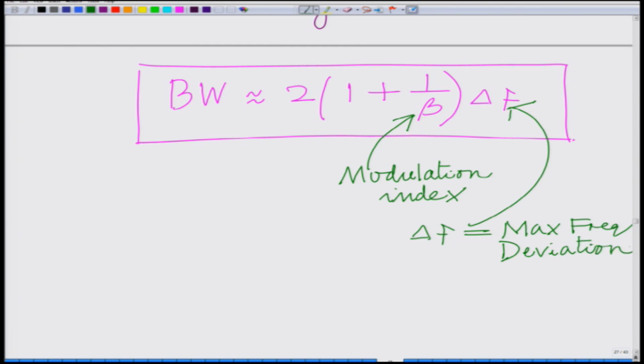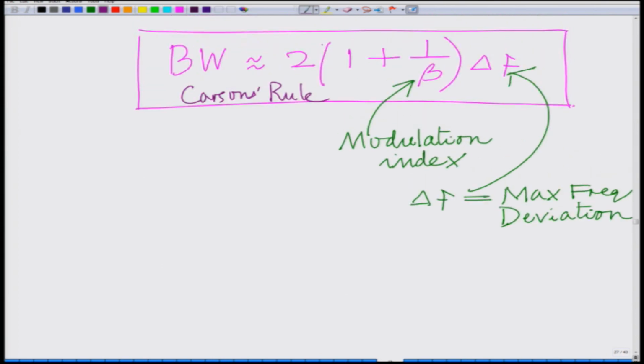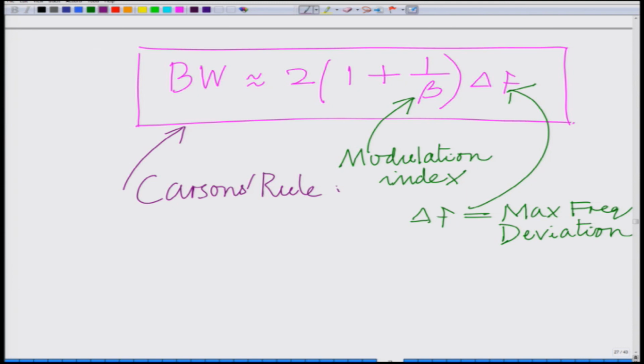This is the maximum frequency deviation. Okay. So, this is your Carson's rule. This is basically the Carson's rule for FM bandwidth. Okay, just let me write this here. This is your Carson's rule.